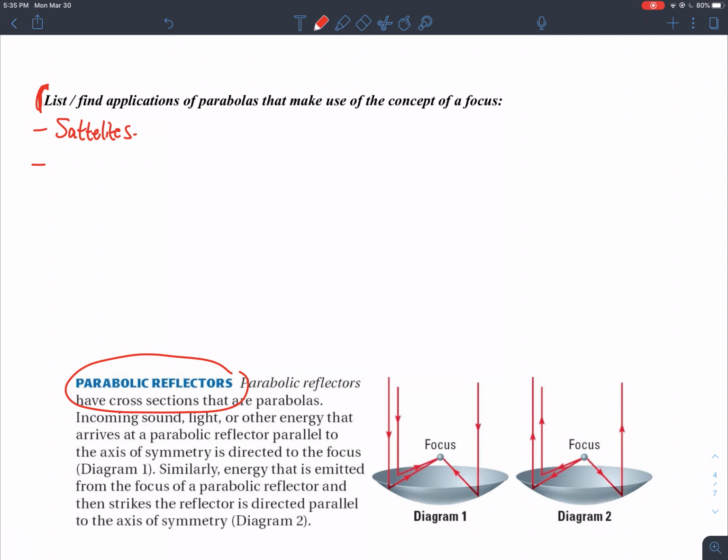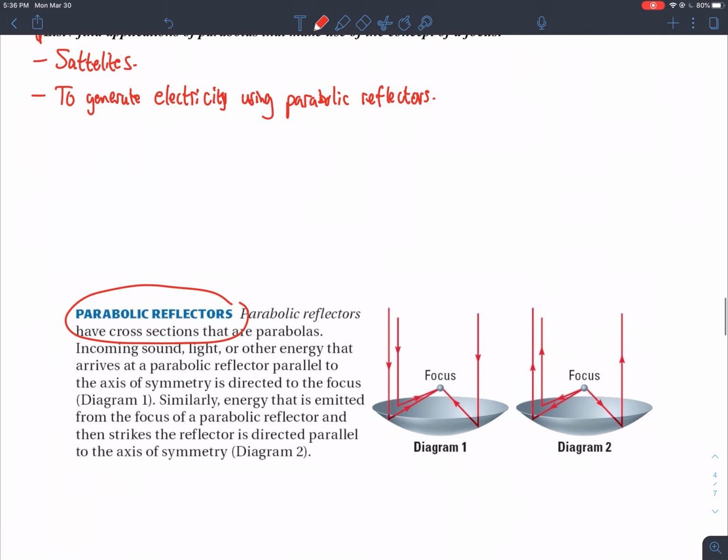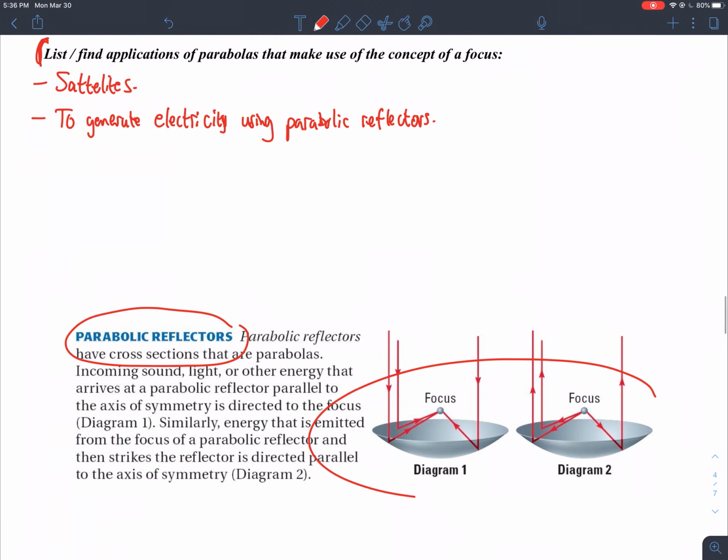It's like a solar farm. I'll just write here, to generate electricity using these parabolic reflectors. Okay, which again looks almost exactly the same.